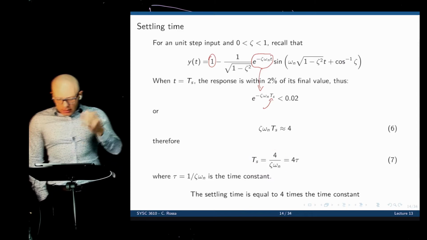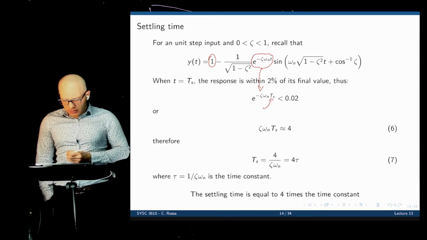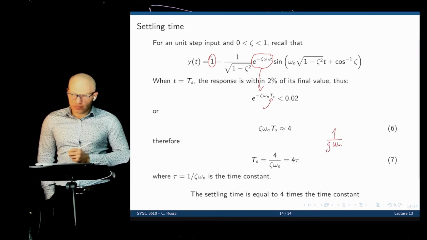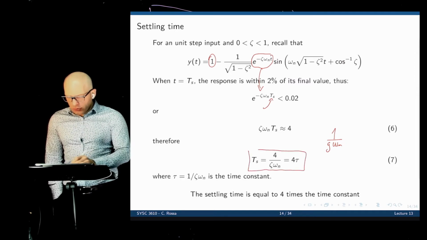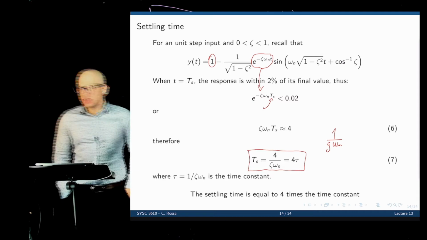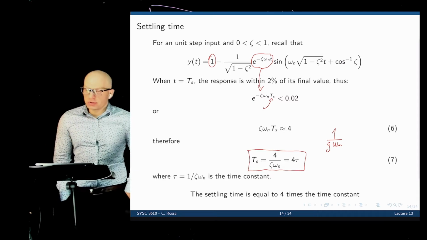And here we can use this to define the time constant of a second order system. The time constant in a second order system is always defined as 1 over zeta times omega n. So we can say that the settling time is equal to 4 times the time constant of a second order system.